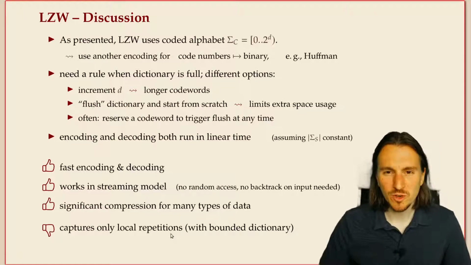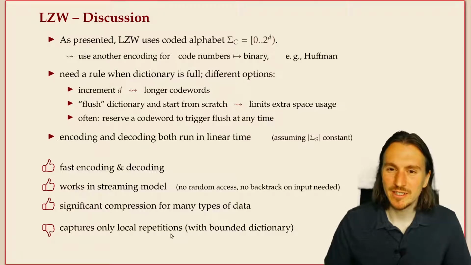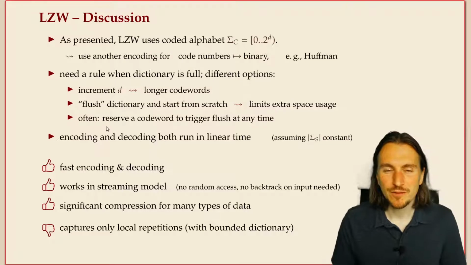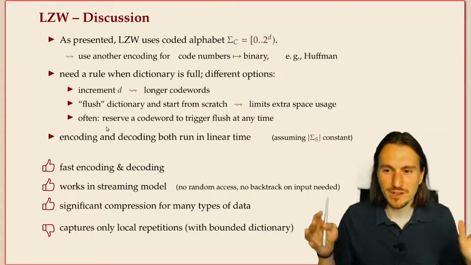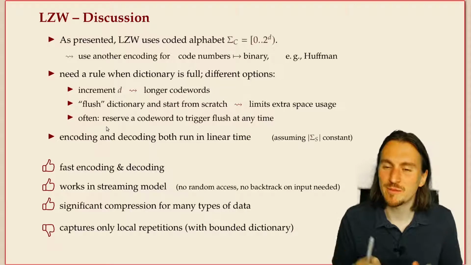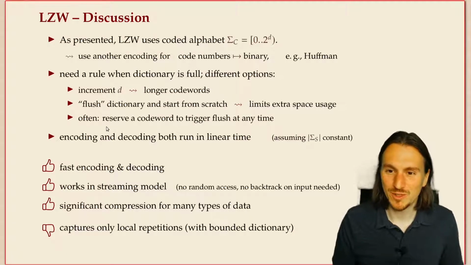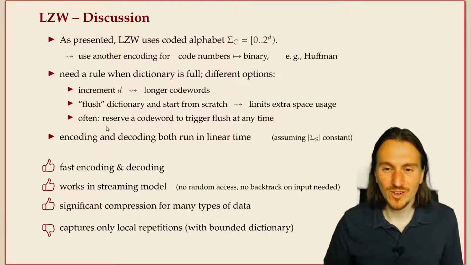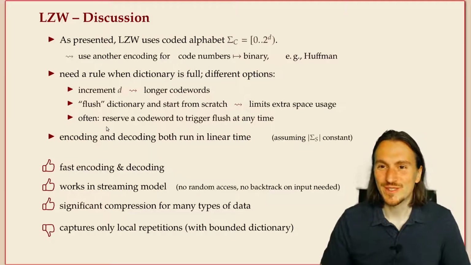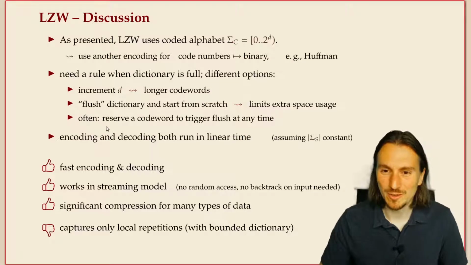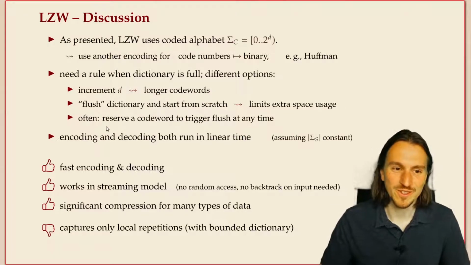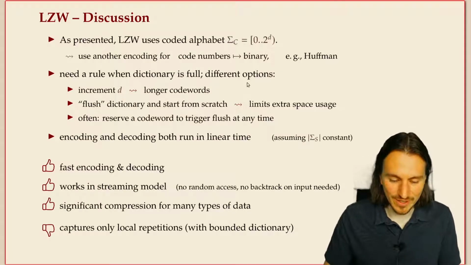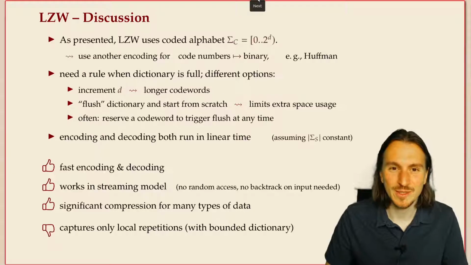What is somewhat of a downside, at least in typical implementations, is that if you fix the size of the dictionary and there's a repetition that's very, very far spread out in the input text, you might not catch it because you flushed your dictionary before you could see it. Also, the square root n is, as I said, a decent bound, but it's not the best possible in some scenarios, as we've seen. So these are slight downsides, but it's a very solid method that is in wide use.